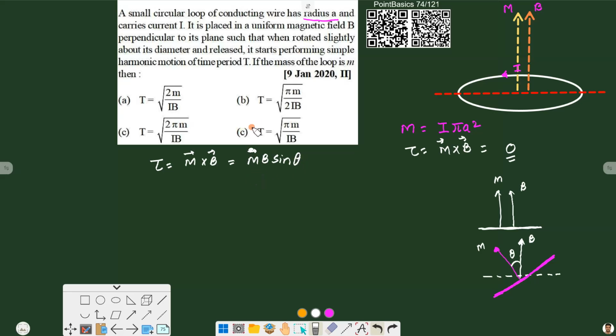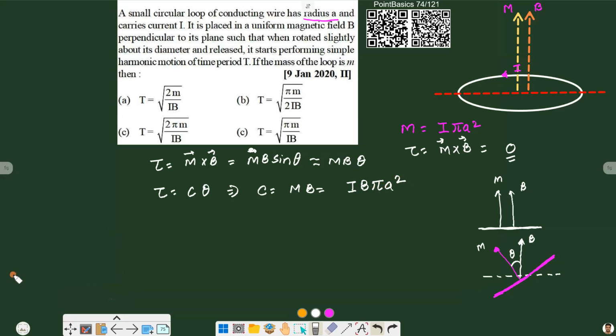And as this theta is very small, we can write it as MB into theta, and comparing it to torque equal to C theta, where C is the restoring constant, we can find that the value of the restoring constant C is magnetic moment times magnetic field. So it will be IB into pi a square.